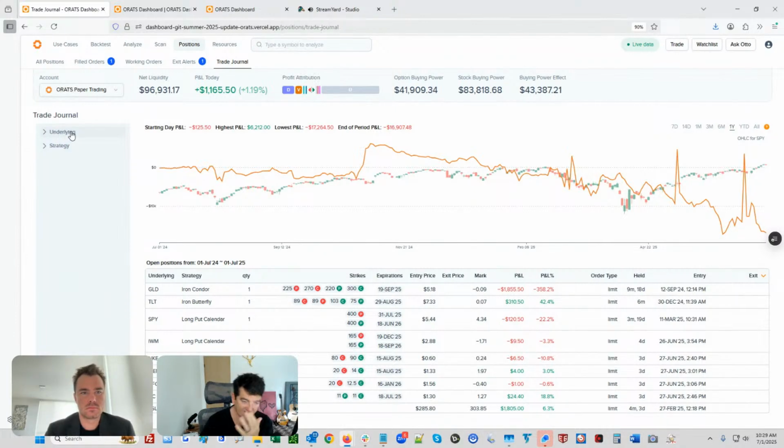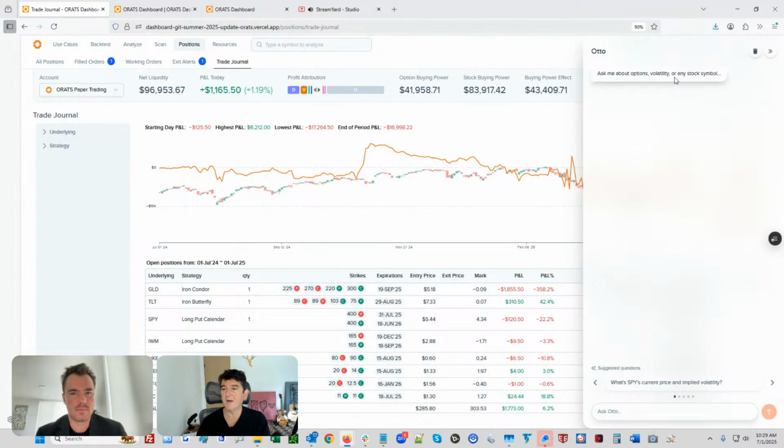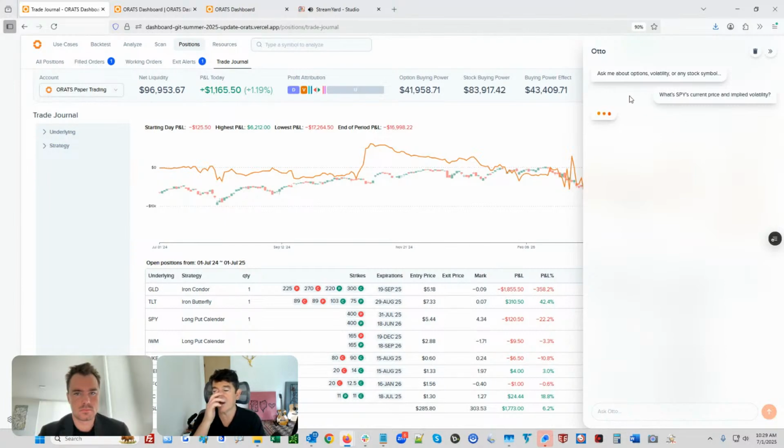Once you get these backtests going, this is a further test to get further confident in there. And then you could ask ORATS, like, what's the SPY current implied price and volatility. Auto on our site is very good at talking about our offering and where to get the data and what we do.